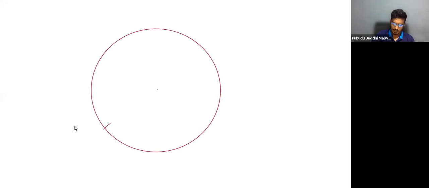For a semicircle, here's the diameter. Definitely the diameter should go through the center like this. Then this is a semicircle, and the bottom one is also a semicircle. You might have seen this: if I draw a triangle using the endpoints of the diameter, PQ, like this, then this angle equals 90 degrees.